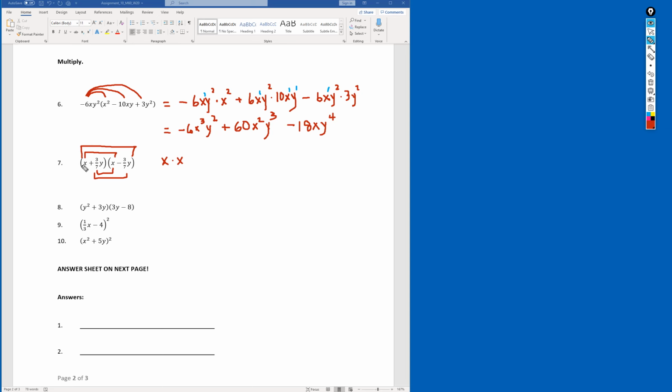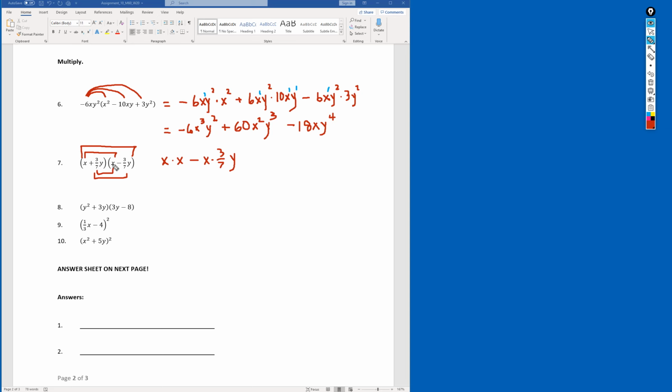So the first, x times x. The outer would be the x times negative 3/7 y. So that's going to be minus x times 3/7 y. The inner is going to be positive 3/7 y times x.